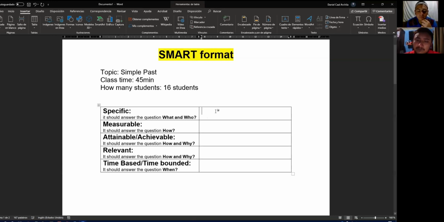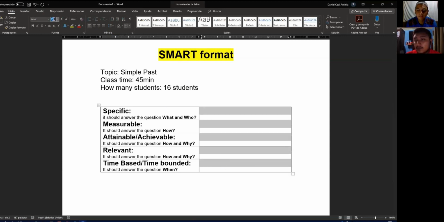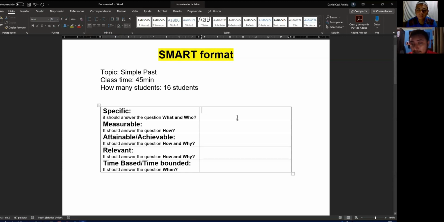So specific, as it says there, it should answer the question what and who, and what we want to teach is the simple past, and to who, to our students. Pretty much the main objective there will be teaching simple past to a group of 16 students. Okay, that's what we're gonna teach and who is gonna be taught.